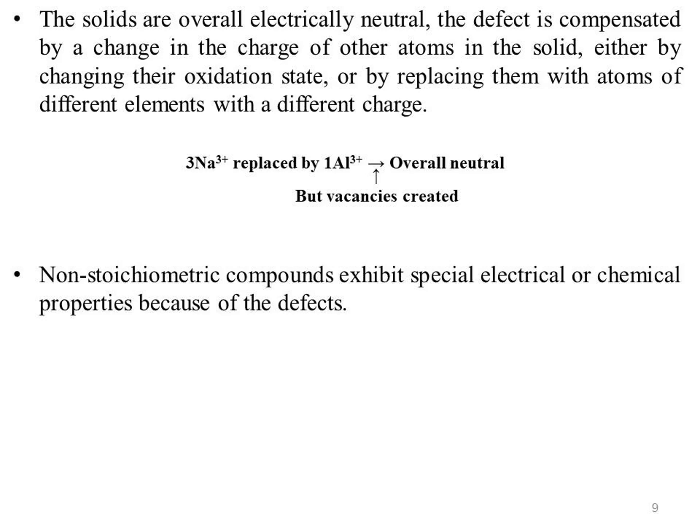Since the solids are overall electrically neutral, the defect is compensated by a change in the charge of other atoms in the solid, either by changing their oxidation state or by replacing them with atoms of different elements with a different charge.